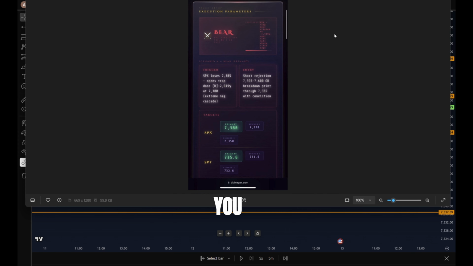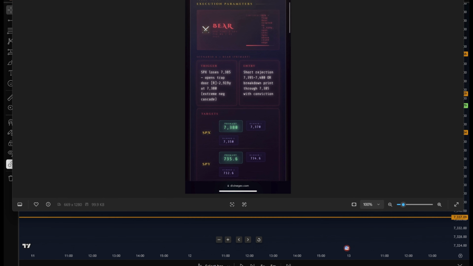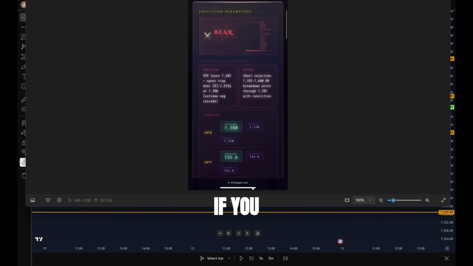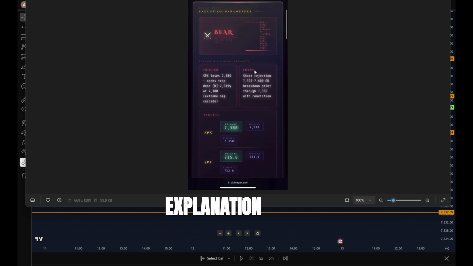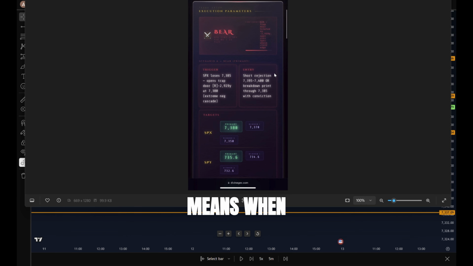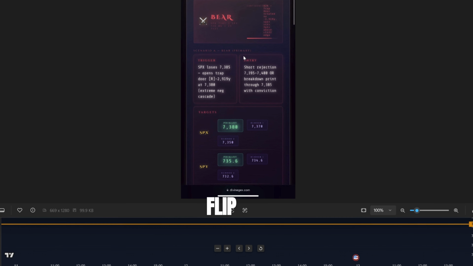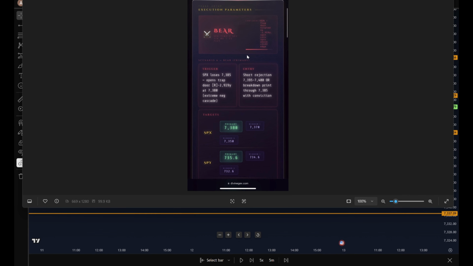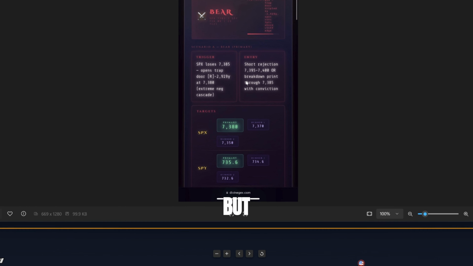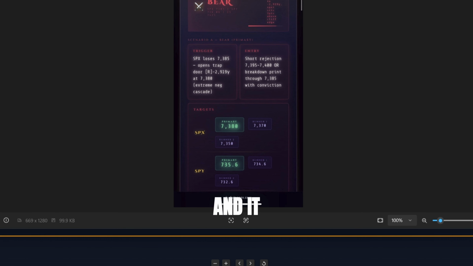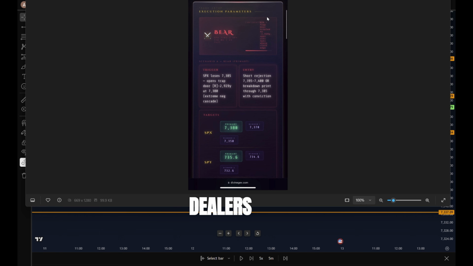If you scroll down, every level gives you an explanation of what this level means, when dealers are gonna flip, all this stuff. I also added a new feature. When you get updates, something pops up on your screen and explains everything: why dealers are long, why dealers are short, when dealers are gonna flip.